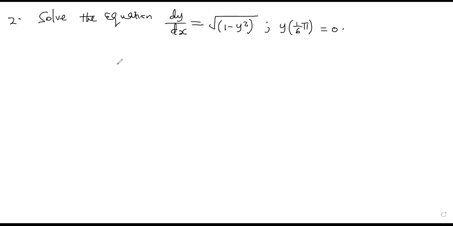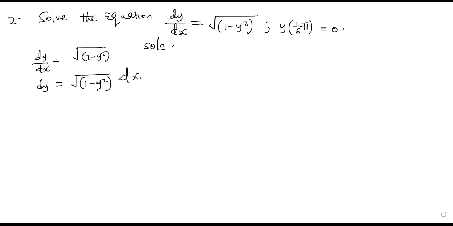For this case, we need to separate the variables. So we can say dy dx is equal to root of 1 minus y squared.